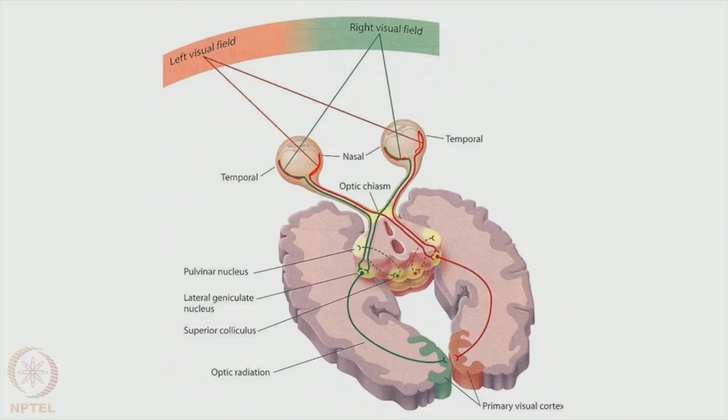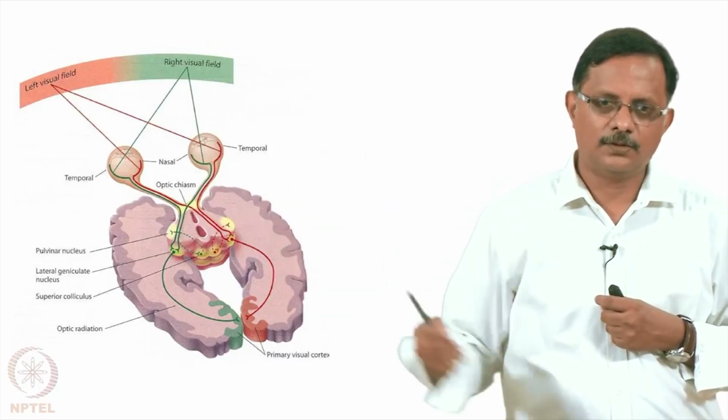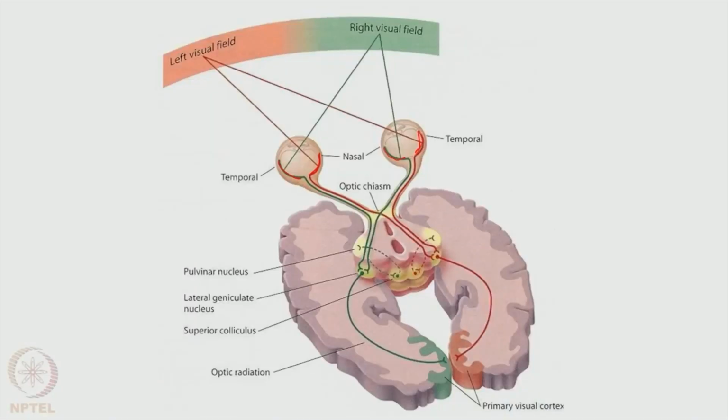Now, you see that the way the information is projected backwards to the LGN and further down to the primary visual cortex is very interesting. The information from the temporal part of the right eye and the nasal part of the left eye, both of them correspond to the left visual field. Both are sent to the same side of the brain, which is the right brain.